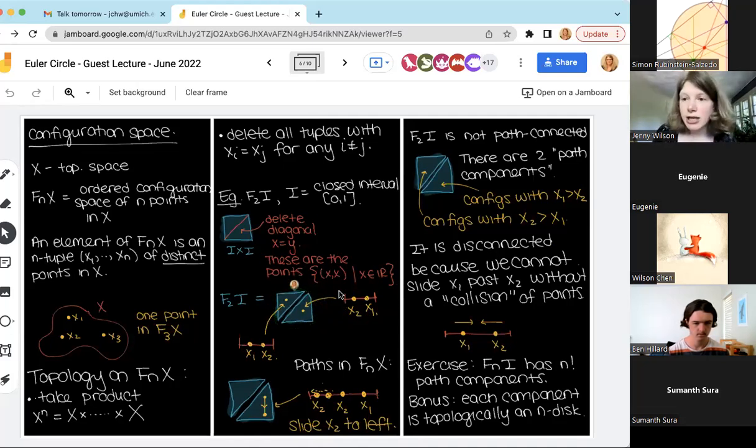Even if I want to think about n equals 4, I can't think in 4 dimensions very effectively. I can't draw a picture of the space anymore. So it's much harder to understand the topology by drawing a picture like this. Instead, I need to understand the topology by thinking about how I can continuously manipulate points in the interval, or in whatever my space is. So it's a good challenge to think about this back and forth, this kind of dictionary between points in my topological space and pictures like this one.